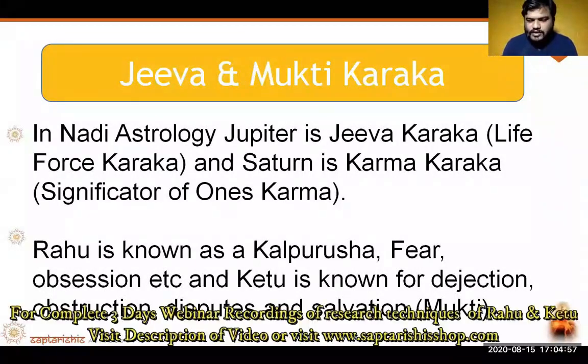Rahu is known as Kalpurusha, fear, obsession, etc. And Ketu is known as dissection, obstruction, disputes, or Mukti Karaka. So there are four things: Jupiter as Jiv Karaka, Saturn as Karma Karaka, Rahu as obsession or fear, and Ketu as dissection, disputes, or Mukti Karaka.